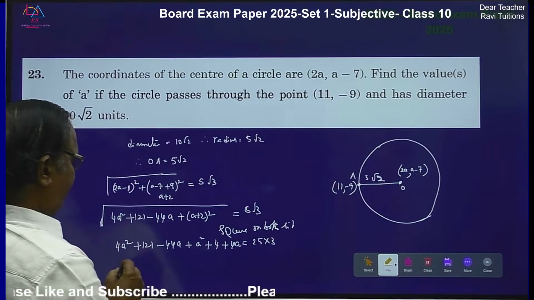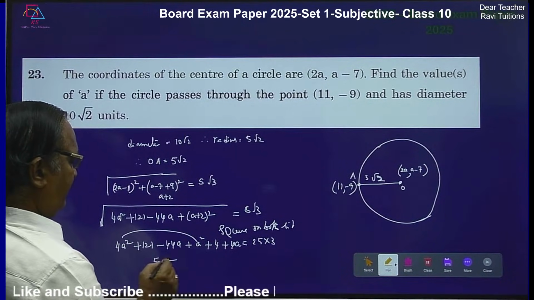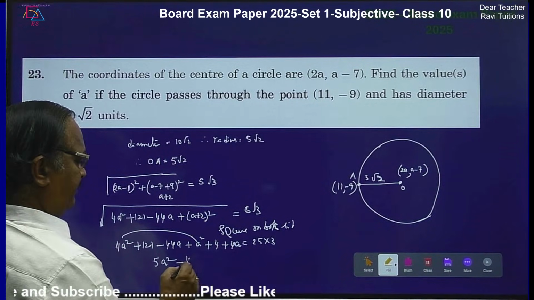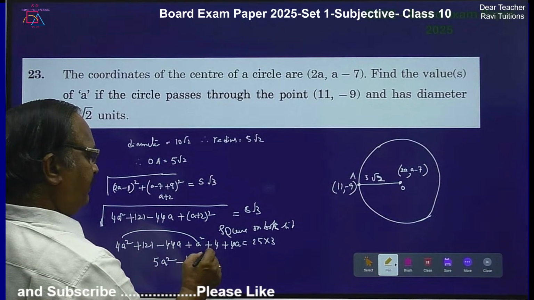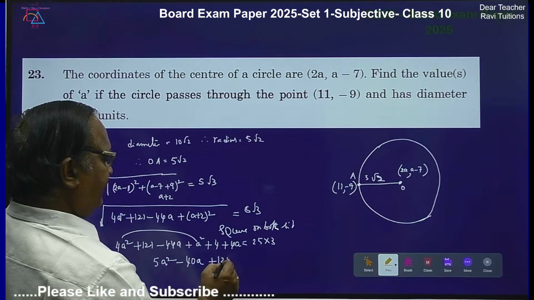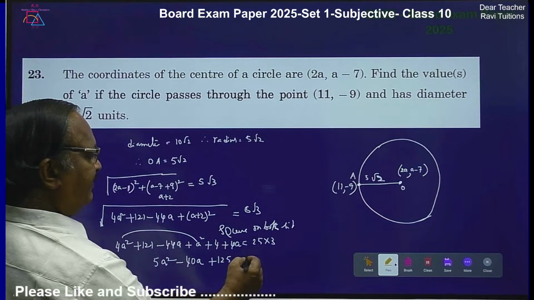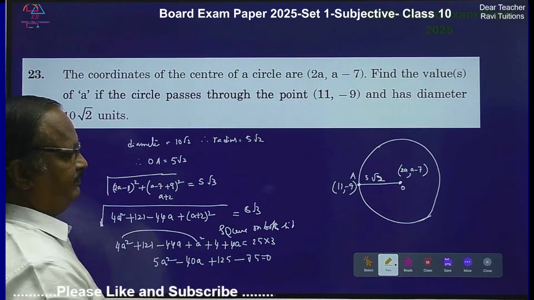So let us simplify it. 4a square and a square is 5a square, minus 44a plus 4a is minus 40a. 121 plus 4 is 125, minus 50 is equal to 0. Okay.